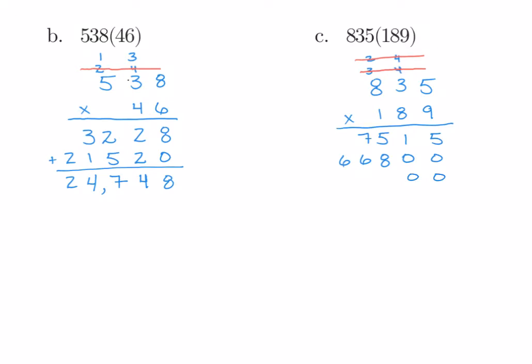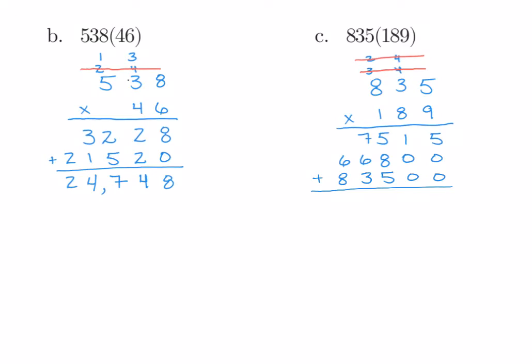So we get 1 times 5 is 5. 1 times 3 is 3. And 1 times 8 is 8. All right, now that we have our columns lined up, we're finished with our multiplication, we can go ahead and do our addition.